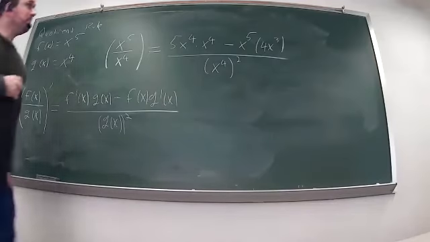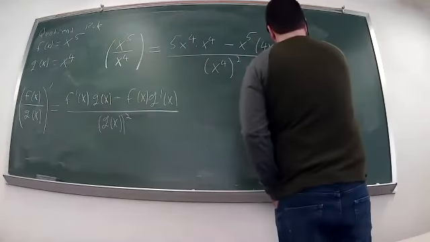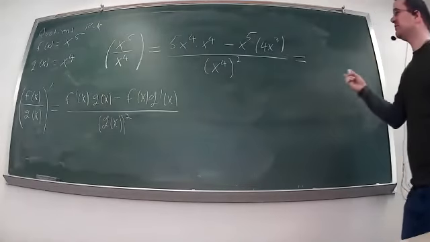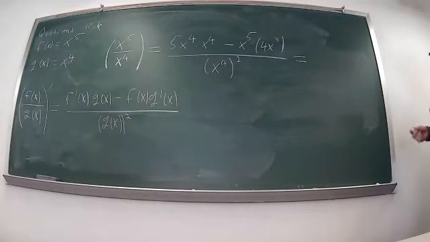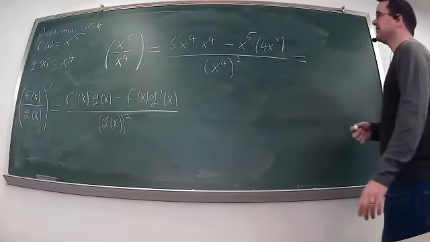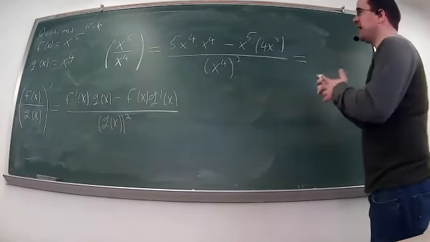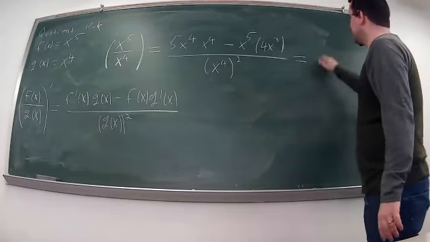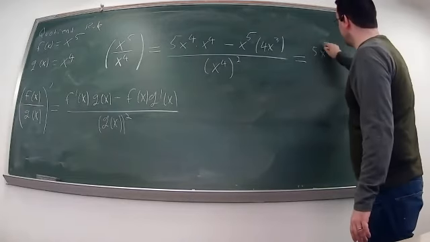And so there's our answer, but it's not going to feel very good until we reduce everything and try to simplify it. So x to the fourth times x to the fourth, add up those exponents, that's x to the eighth, so I get 5 times x to the eighth.